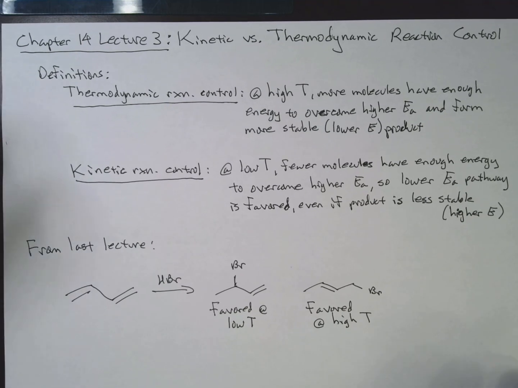All right. So I think one of the best ways to really explain this or describe it is to go ahead and look at a reaction progress diagram. So let me draw one here.